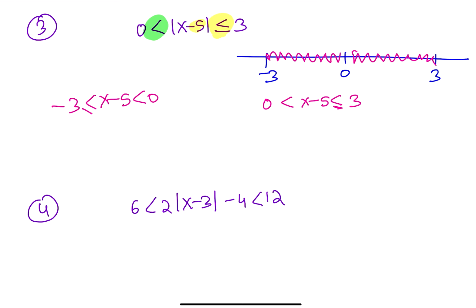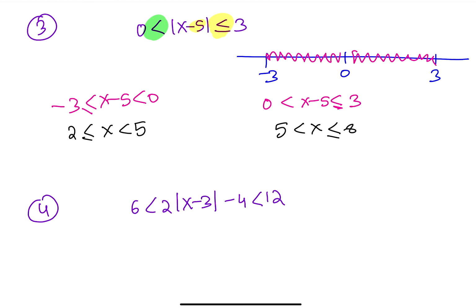Be careful, if there's an equal sign, carry it with you in the next step. So let's solve for x individually from both. When I add 5 everywhere, this is going to give me x lies between 2 to 5. Or when I add 5 everywhere in the next inequality, there's no equal sign here, 5 less than x less than or equal to 8.